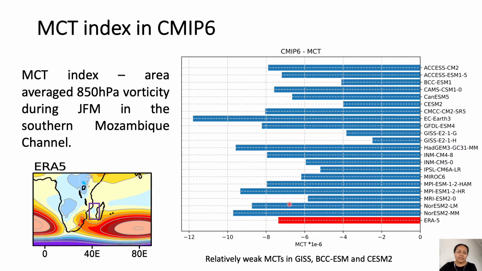Overall, the models represent the MCT reasonably well, apart from a few models like the BCC, the CESM2, and the GISS models, which are showing relatively low MCT index. And this MCT index, by the way, is the index that we use for the assessment with the ESMValTool.